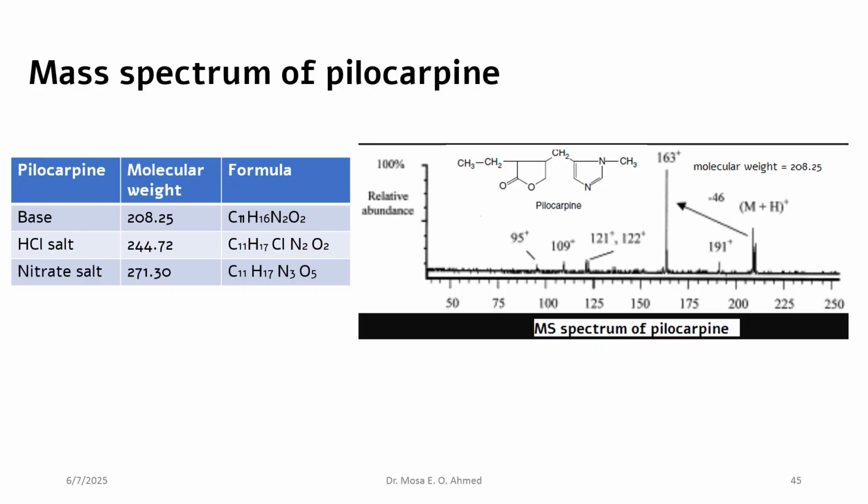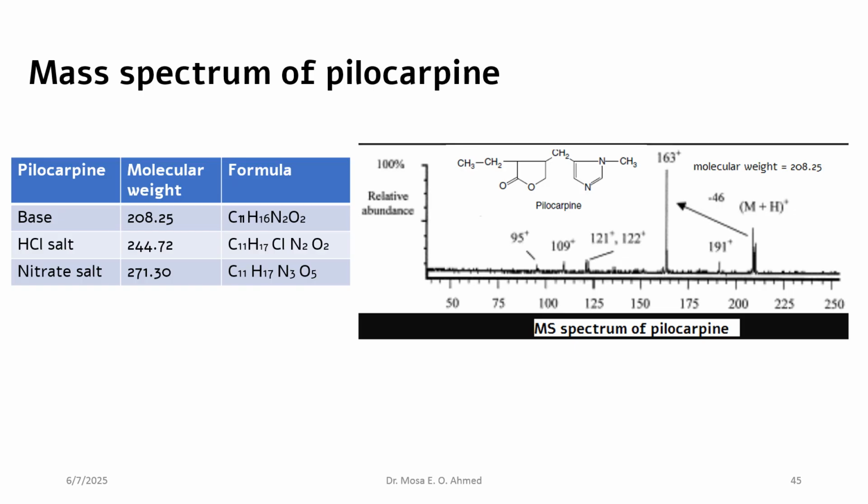Pilocarpine is also used as an example for the use of mass spectrometry for identification of natural compounds. The British Pharmacopoeia in general uses mass spectrometry for pilocarpine identification.